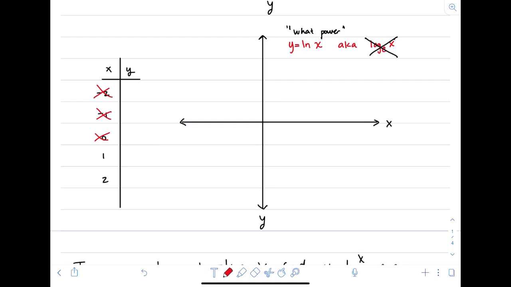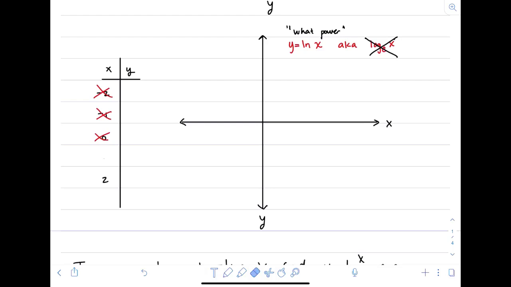Then plugging in 1 and 2 would be acceptable. However, in terms of getting an exact coordinate, ln 2 is not an easy number to compute by hand. So if you did not have the benefit of graphing technology, I probably wouldn't choose 1 and 2 either. 1 would be okay, but I definitely wouldn't choose 1 and 2.